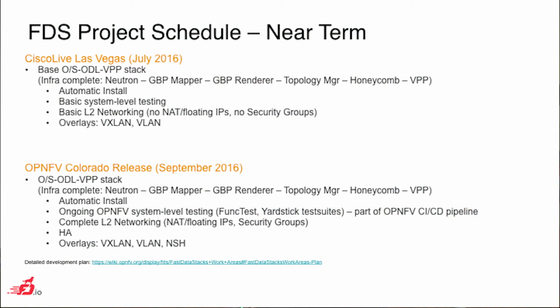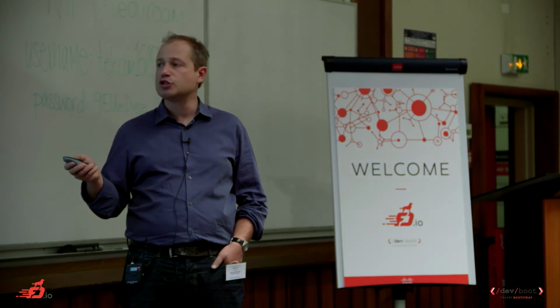So in terms of delivery, in the near term, we will have a first demo of that in July, which will be showcased at Cisco Las Vegas. That's the first thing. Not everything will be provided in July, especially the layer 3 features like NAT, floating IP, and security groups will not be demonstrated in July.